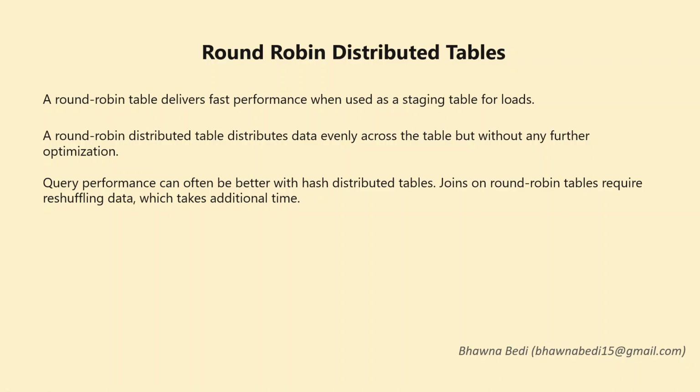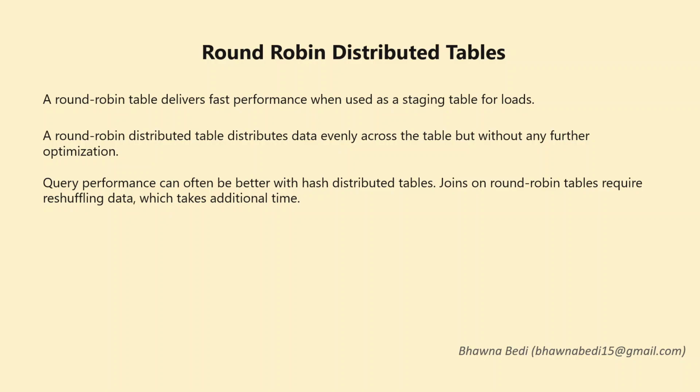Now, since I'm talking about your distributed column, let me give you some more info on how we can choose our distribution column. Let's say you chose a distributed column which has data skewness.